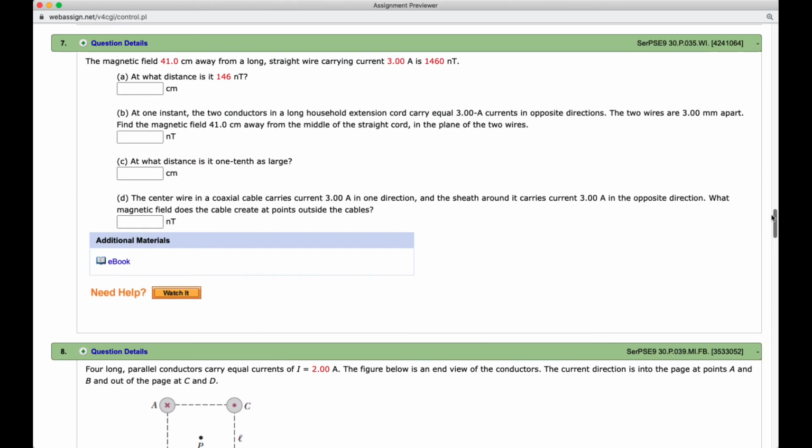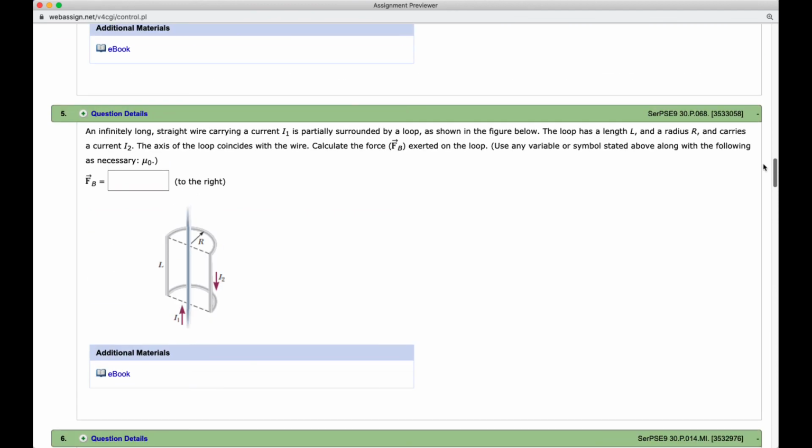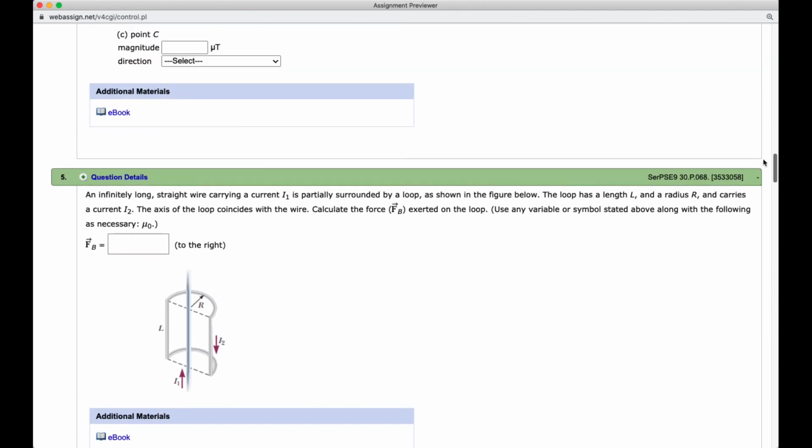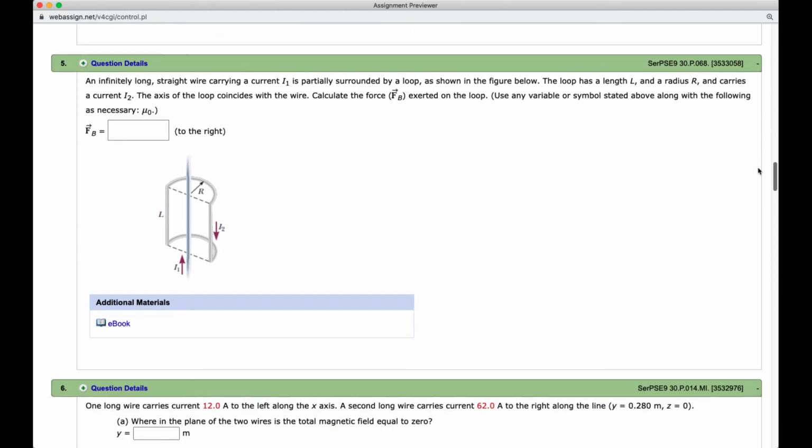Any other questions? On number 5, just realize that the direction of the current in the circular parts is in the same direction as the magnetic field, or in the opposite direction of the magnetic field due to I1.